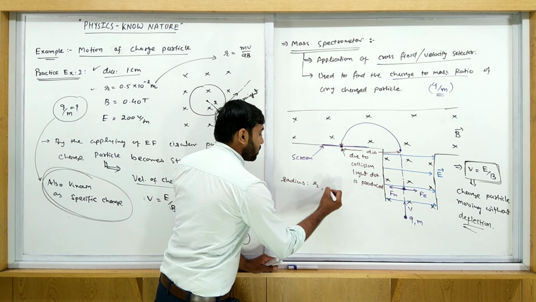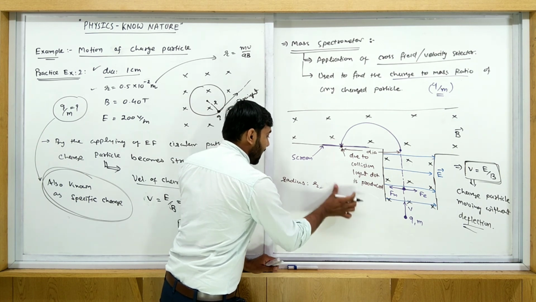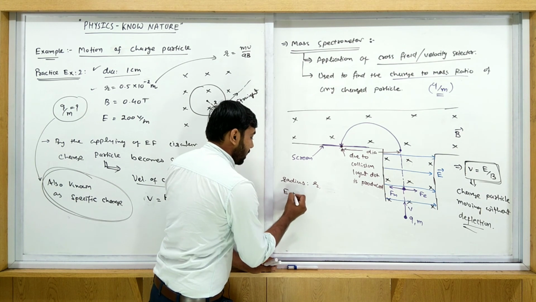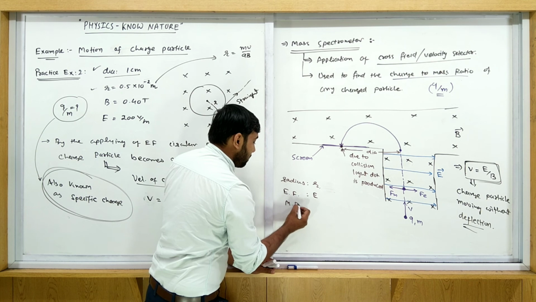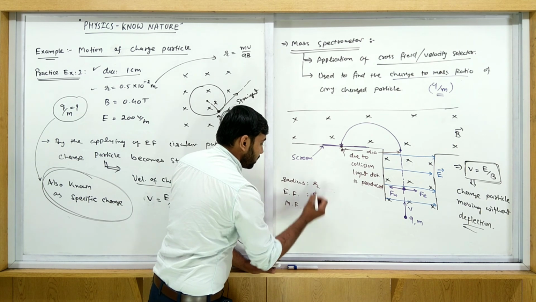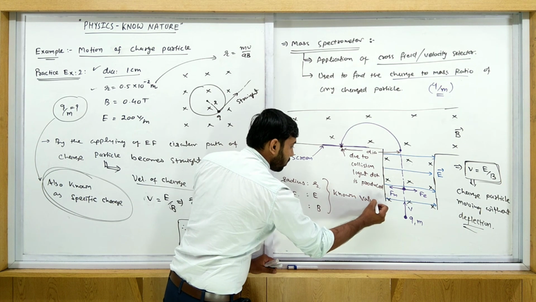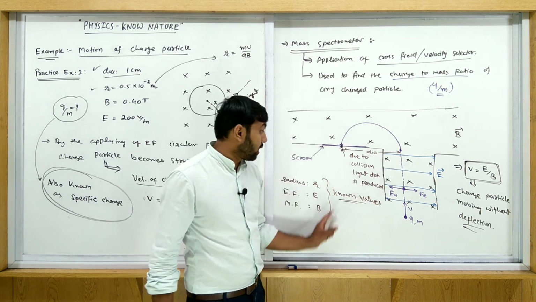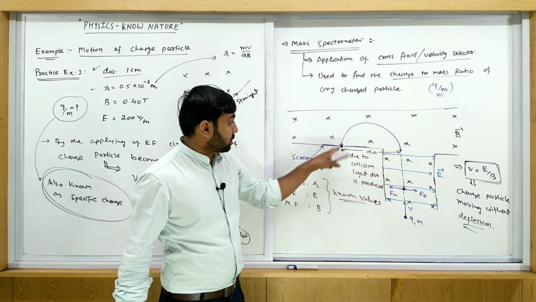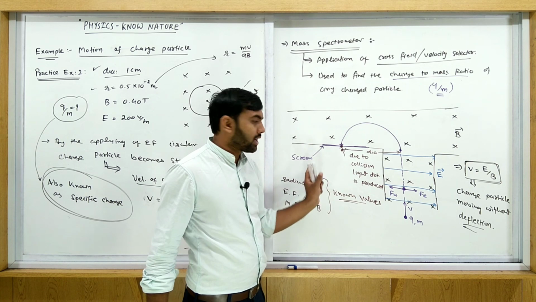Radius R, electric field E, and magnetic field B, these are all known values. Experimentally, we don't know on which path this particle is moving.